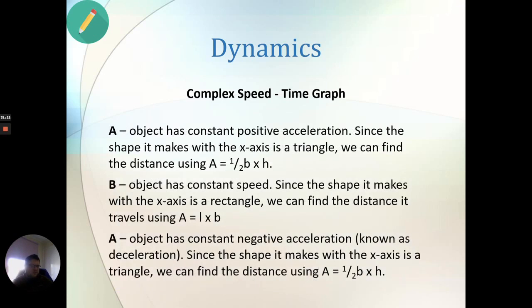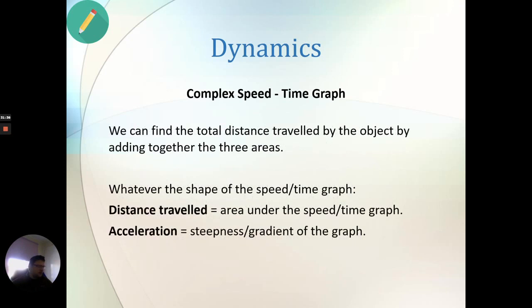Okay, so this is the more text-driven version of the description, which I'll let you have a chance to read through, but you've got this in your notes anyway. Once we get to the end and we've calculated the area under each of those shapes, we find the distance by adding the areas together.